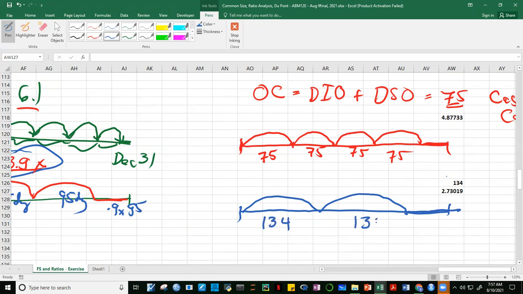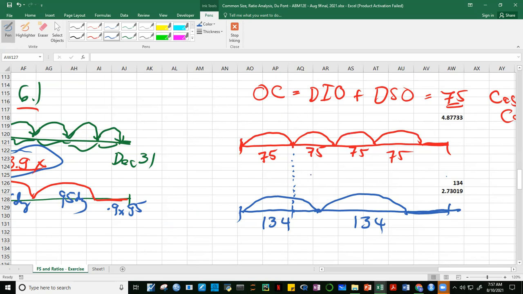Okay, so if you take a look at this, si competitor by the 75th day, nakolekta na. Eh tayo wala pa. Malayo pa tayo sa katotohanan. Dito pa natin makokolekta. So in terms of asset management, guys, we're being swamped by the competitor. Ang layo, 134 days yung operating cycle natin.